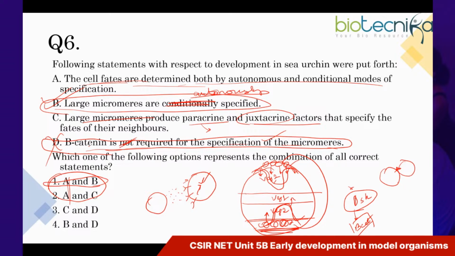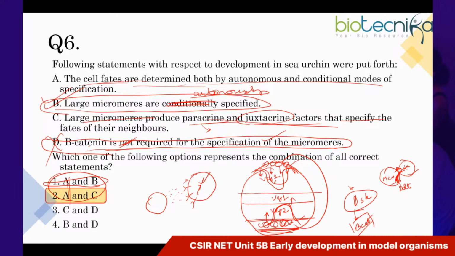Just now I mentioned the micromeres have a delta signal, and whichever cells have the notch receptor, this delta and notch signaling will be there, because of which skeletogenic and non-skeletogenic differences in the cells will be created. So with both of these, they will specify the fate of neighbors. No, that is wrong. Only the juxtacrine factors will be produced.